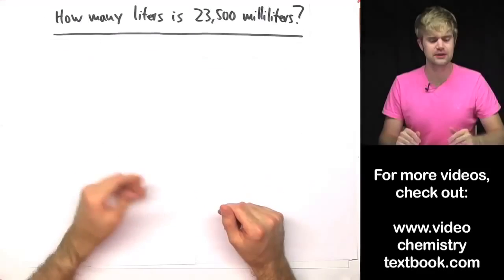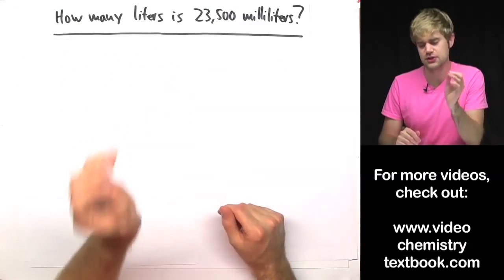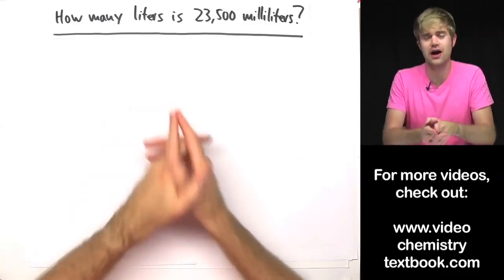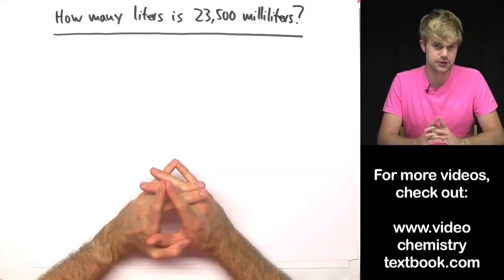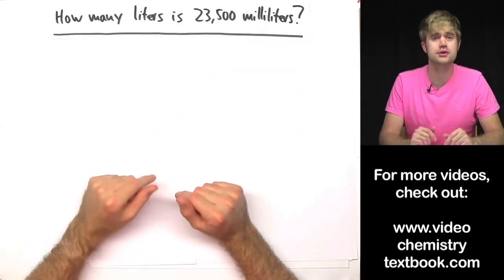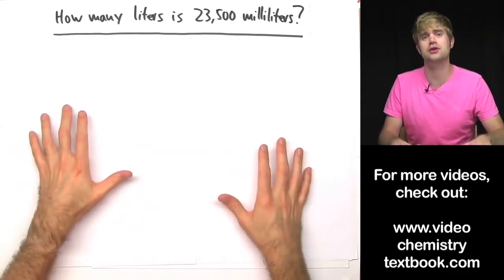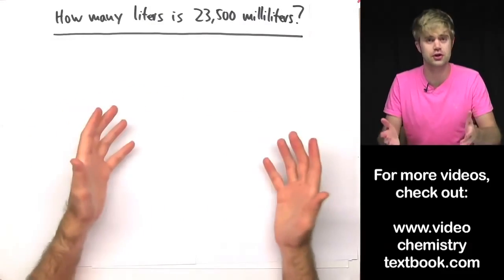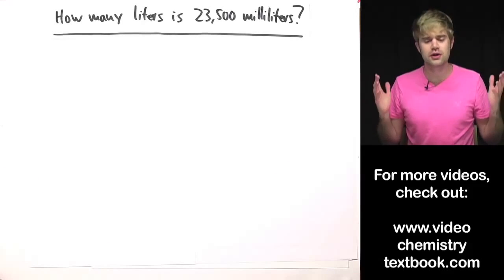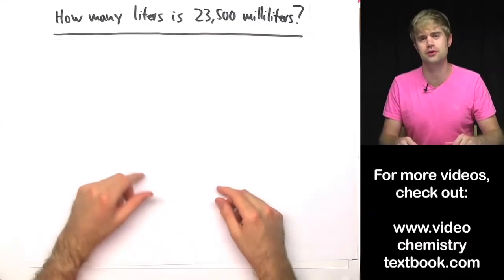One more. How many liters is 23,500 milliliters? These are both metric units. And you know, a lot of times people ask me, this unit canceling method, can I use it for metric units? Of course. You can use it for any type of units.